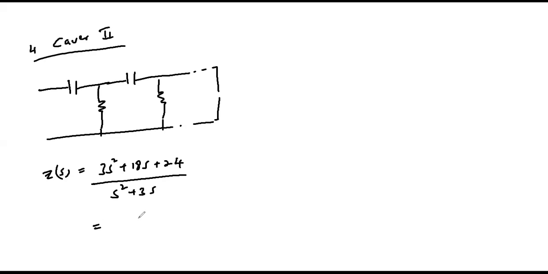We can write this in ascending powers of S as 24 plus 18S plus 3S squared divided by 3S plus S squared. So this is the transfer function in ascending powers of S on both the numerator and the denominator. We proceed to determine the continued fraction expansion of the same transfer function.